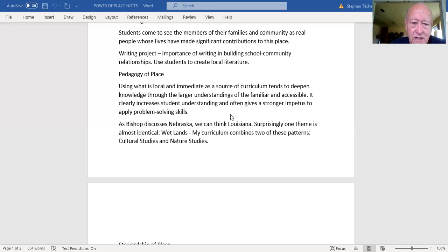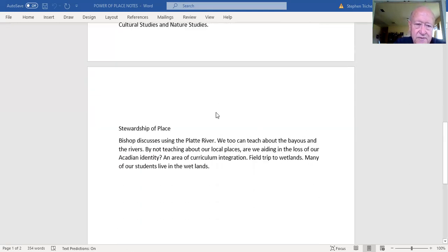So we can combine using local place curriculum, it sort of brings cultural studies and nature studies together to help them understand the relationship. It also teaches the stewardship of place. Bishop discusses using the Platte River in Nebraska. I've seen the Platte, although I haven't seen it in Nebraska.